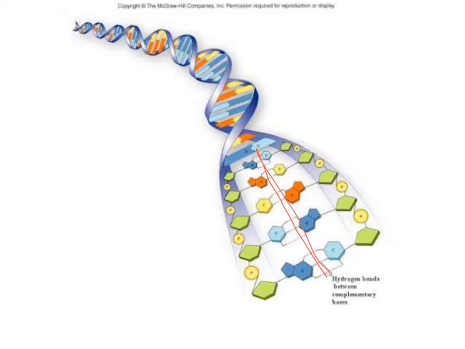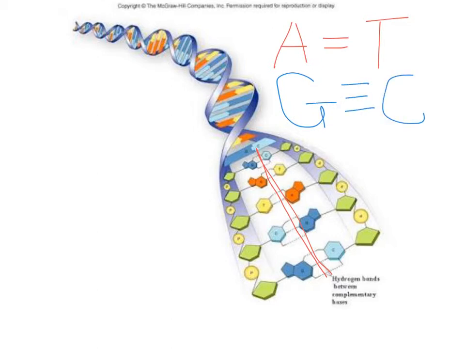With this base pairing, every adenine will pair with a thymine, and every guanine will pair with a cytosine. Why did I draw three lines between the guanine and cytosine? That's because there's three hydrogen bonds between that grouping, whereas there's only two between the adenine and the thymine. And that's for later on, for year 11 or 12 chemistry or biology.